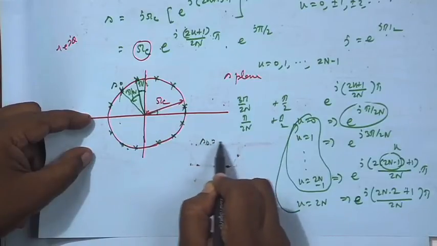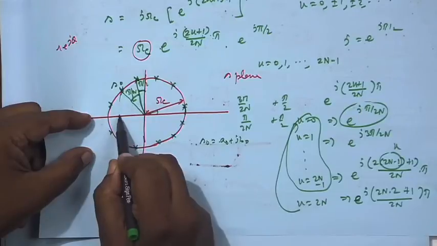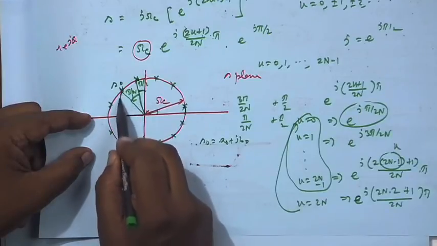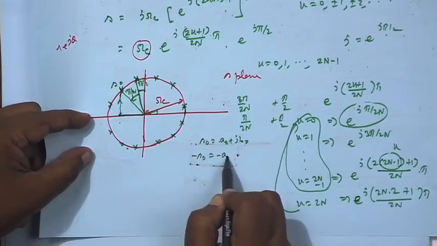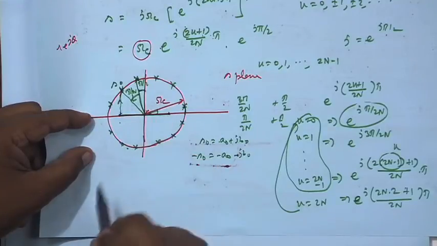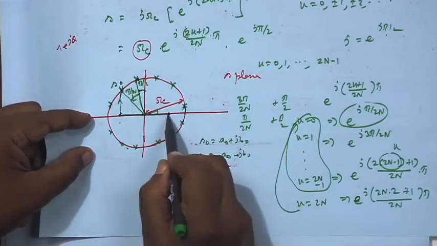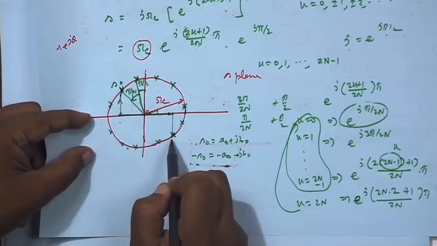If S0 is A0 plus jB0, where A0 is negative and B0 is this much, then minus S0 means minus A0 minus jB0. So, minus A0 will be on this side. All right. So, if there is a pole at S0, there is a pole at minus S0.